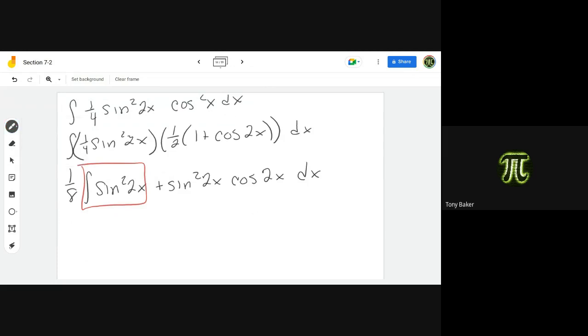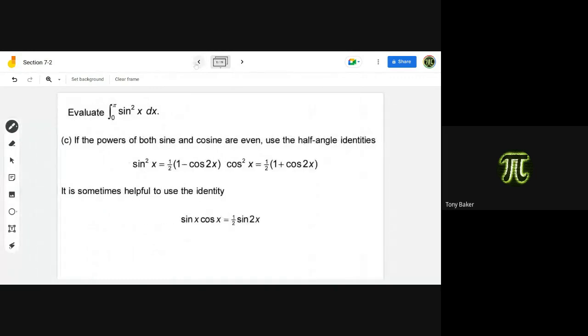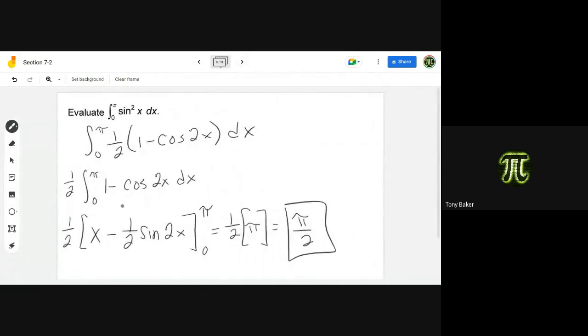So we just did that one. Sine squared 2x, we did that one. That's right there, and that's the answer. No, we're just going to rewrite it. But that sine squared x is this. The only difference is we didn't use x, we had 2x. So it's going to be 2x and 4x.